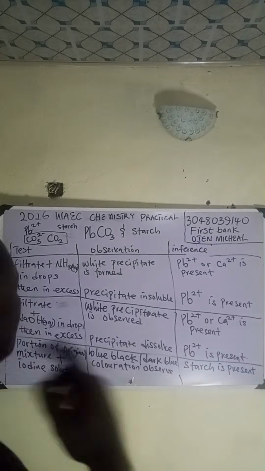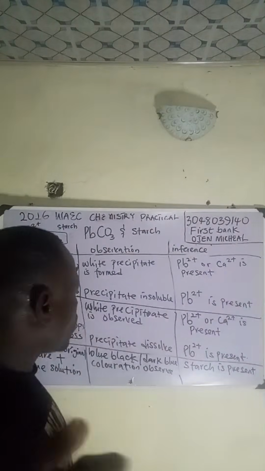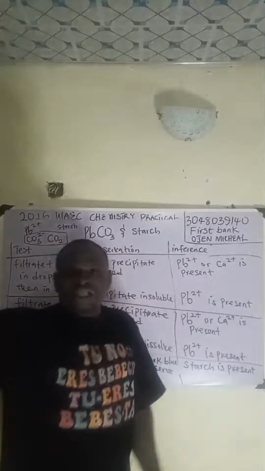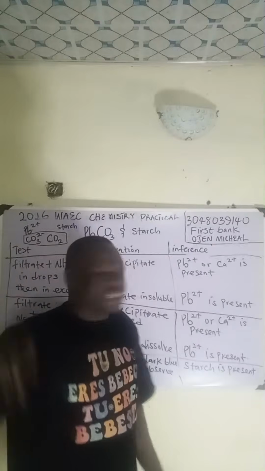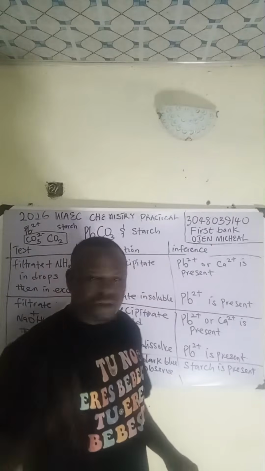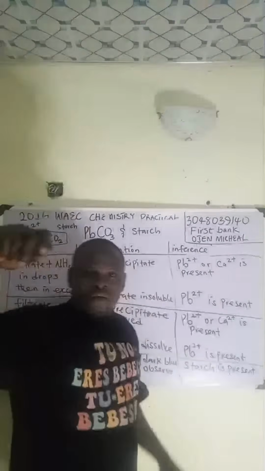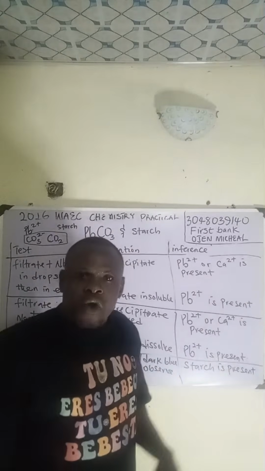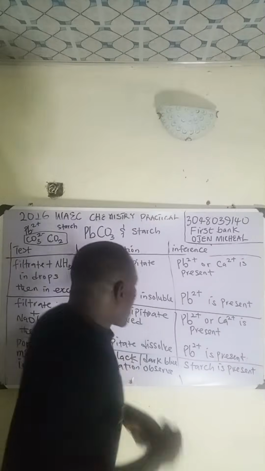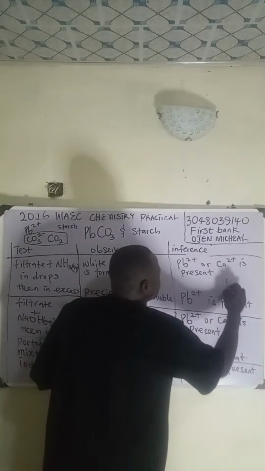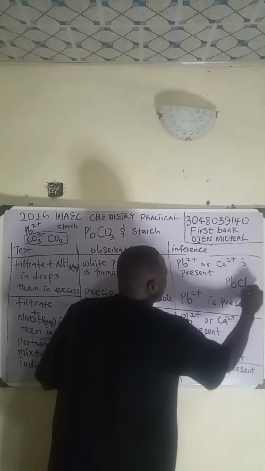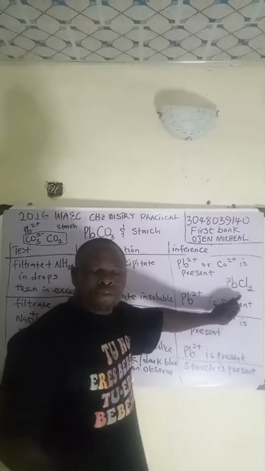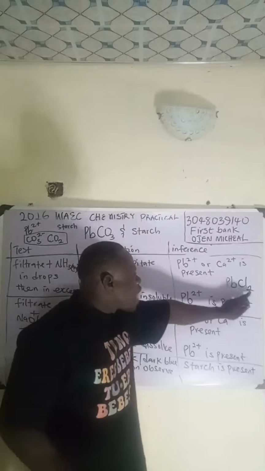I forgot one thing. Oh my God. Please go and watch that my video of salt analysis. There is one thing I've just missed out. When you add HCl to it, then you heat. What you are going to see is PbCl2. This is what you are going to see, a white precipitate formed from lead 2 ion.